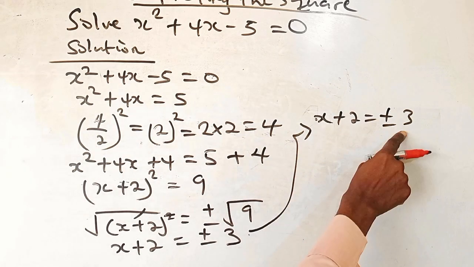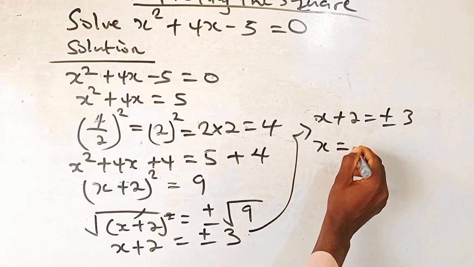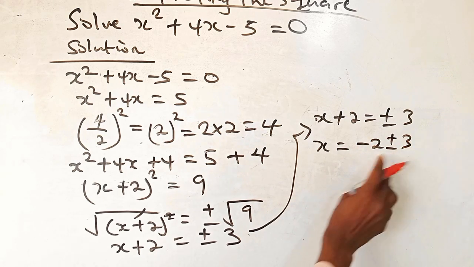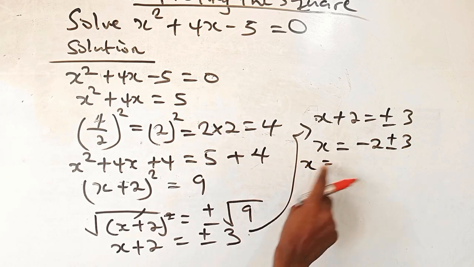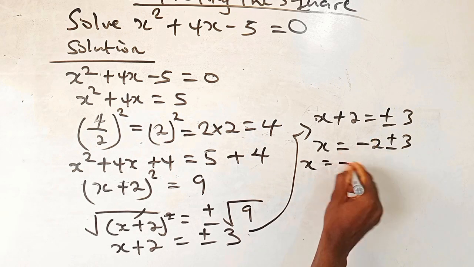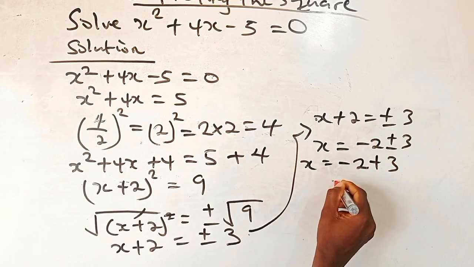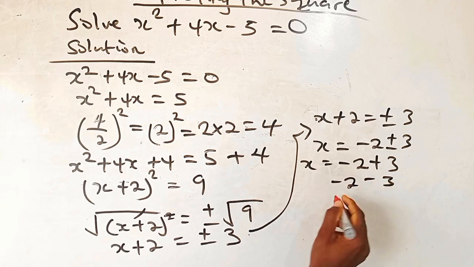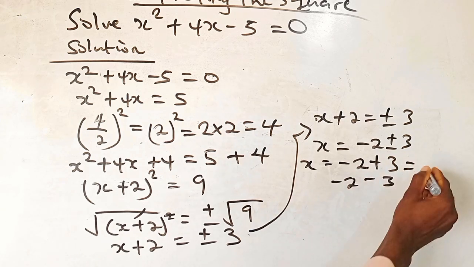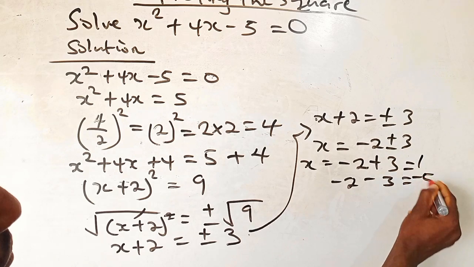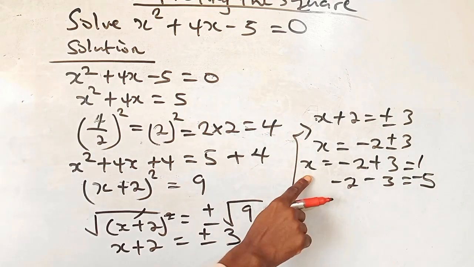We subtract 2 from both sides, and we have x = −2 ± 3. So the value of x is −2 + 3, or −2 − 3. For −2 + 3, we have 1. For −2 − 3, we have −5, which represents the value of x.